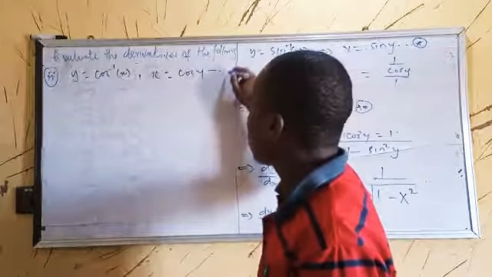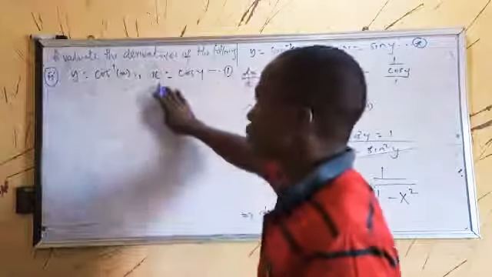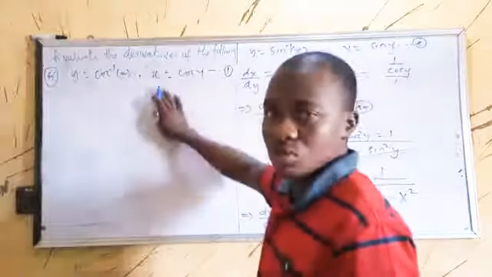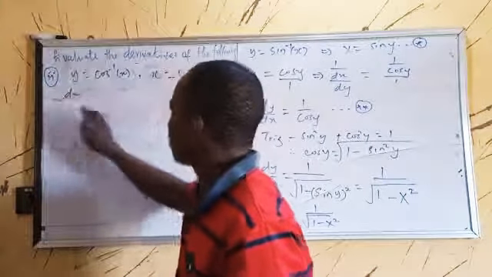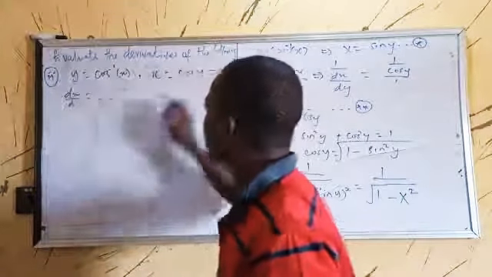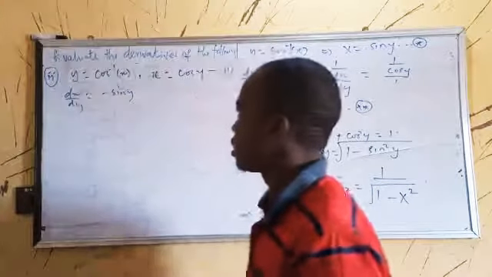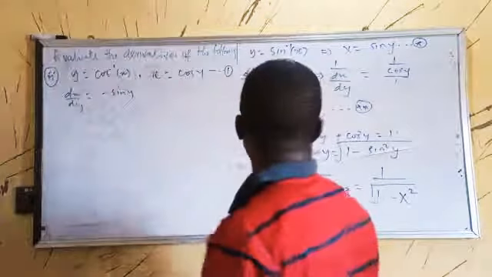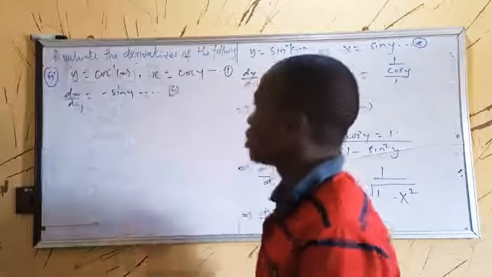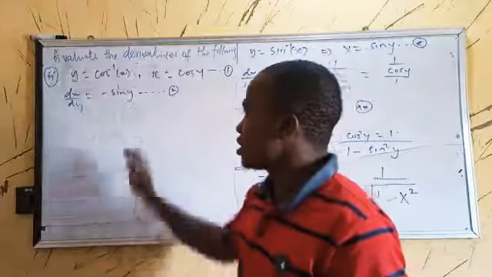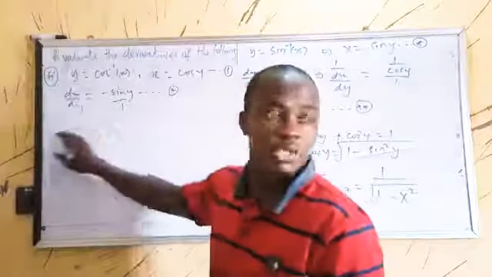So let's call it 1. Now from there, what's the next thing to do here? We differentiate with respect to y here. So we have dx over dy to be equals to minus sine y. Are you getting it now? So call this one equation 2. The next thing we are going to do is to take the reciprocal of the two sides.